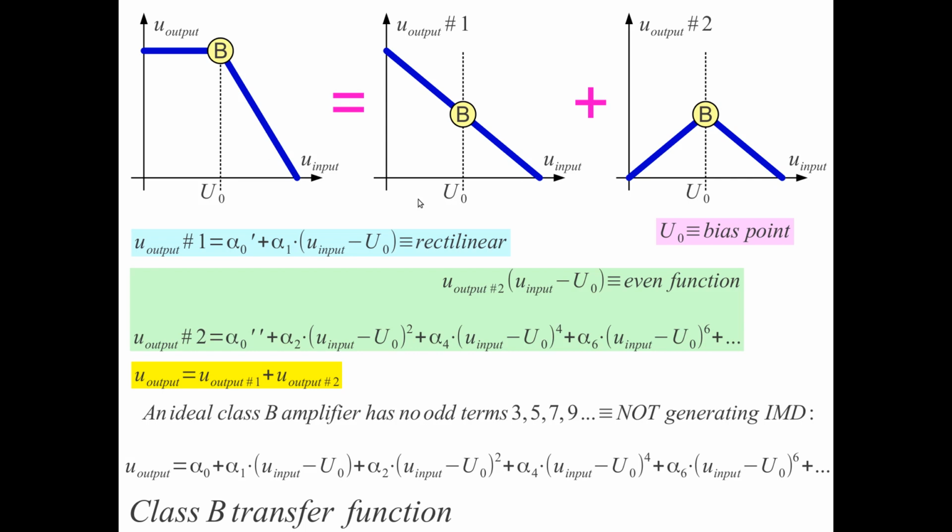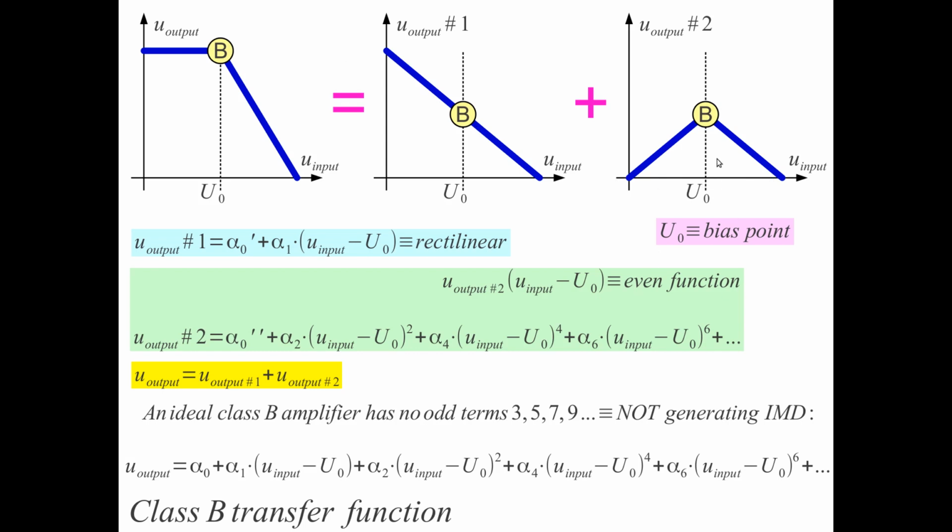This linear function has a bias term and a linear term, and this does not cause any distortion at all. It only provides useful signal amplification. While the second component is a triangular function. This function around the bias point U0 is actually an even function.